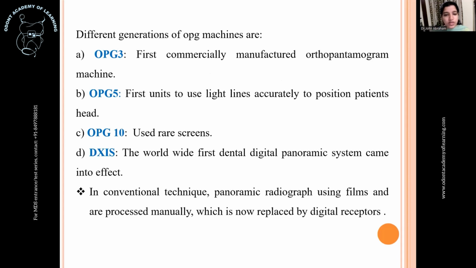So what are the different generations of OPG machines? It is OPG 3, 5, OPG 10, and then the DXIS, the worldwide first digital panoramic system, which came into effect and that we use now. When it was the conventional technique, the panoramic radiograph used films which we develop in the same way as our conventional IOPARs. But now it is being replaced by digital receptors and we get to view the digital images.